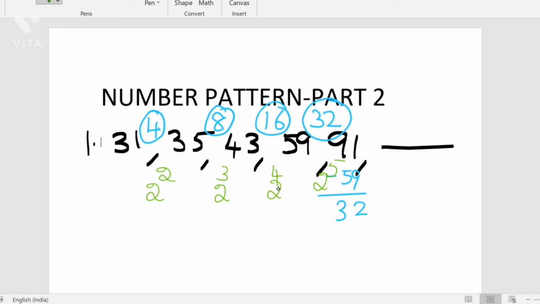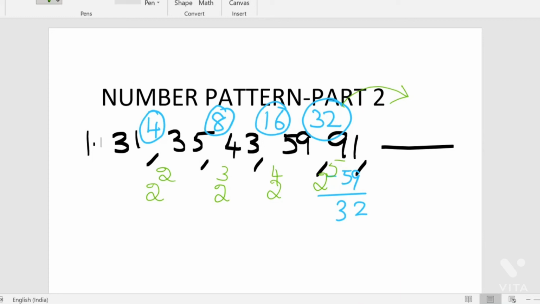The difference is 2 to the power of 2, now it is 3, this is 4 and this is 5. So what should be the next? The difference should be 2 to the power of 6, that is the double of 32. The difference is doubling: 4 became 8, 8 became 16, 16 became 32.